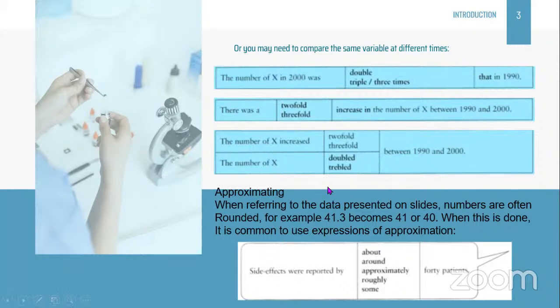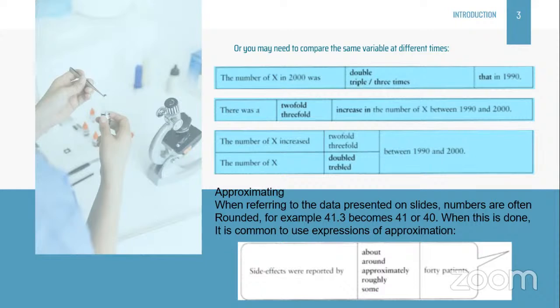Okay, do you understand these words or do you have any questions? Do you understand what twofold and threefold mean? Is it like 2 times as much or 3 times as much? Yes, that's the meaning. 3 times or 2 times.